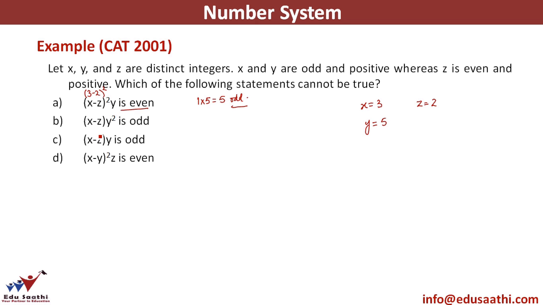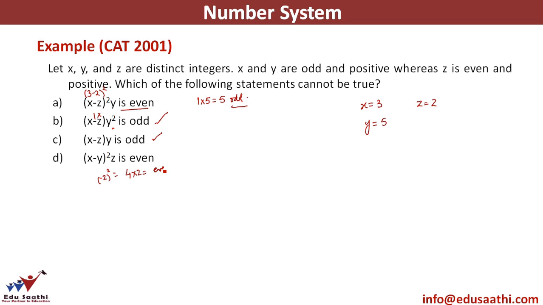Let's look at the next one. (x minus z) again, this is 1 into y square. Y is odd, so y square, 25, is odd. This is true. Third, (x minus z), which is again 1 into y, odd, into 5, so this is also correct. Last one, (x minus y) whole square. So this will be (3 minus 5), which is minus 2, whole square. This is 4 into 2.